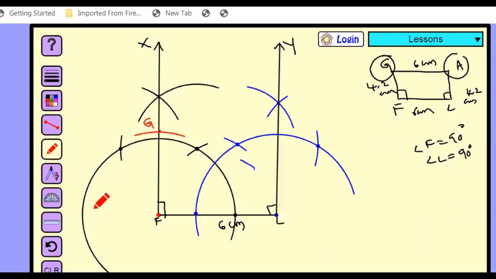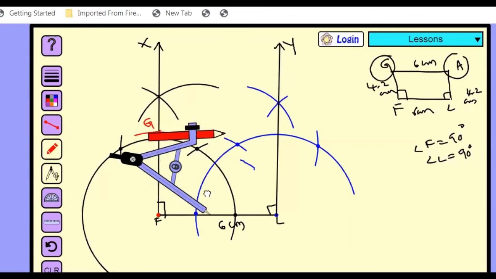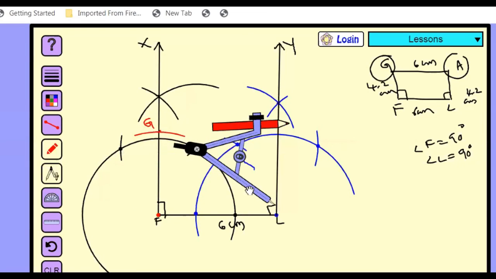I used another color to identify it easily, that is F to G. Now with the same radius, why? Because LA is also 4.2 centimeters.